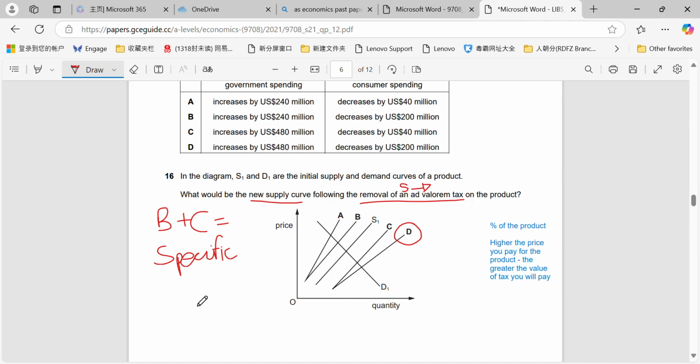Okay, just remember ad valorem taxes will look like that, or they may look something like this. Specific taxes will be straight line taxes, because there's a clear amount of the tax that you pay no matter what the price. Ad valorem will be more curved upwards or outwards, and that's because the gap gets bigger. As you pay a higher price, you start to pay more tax on the product.